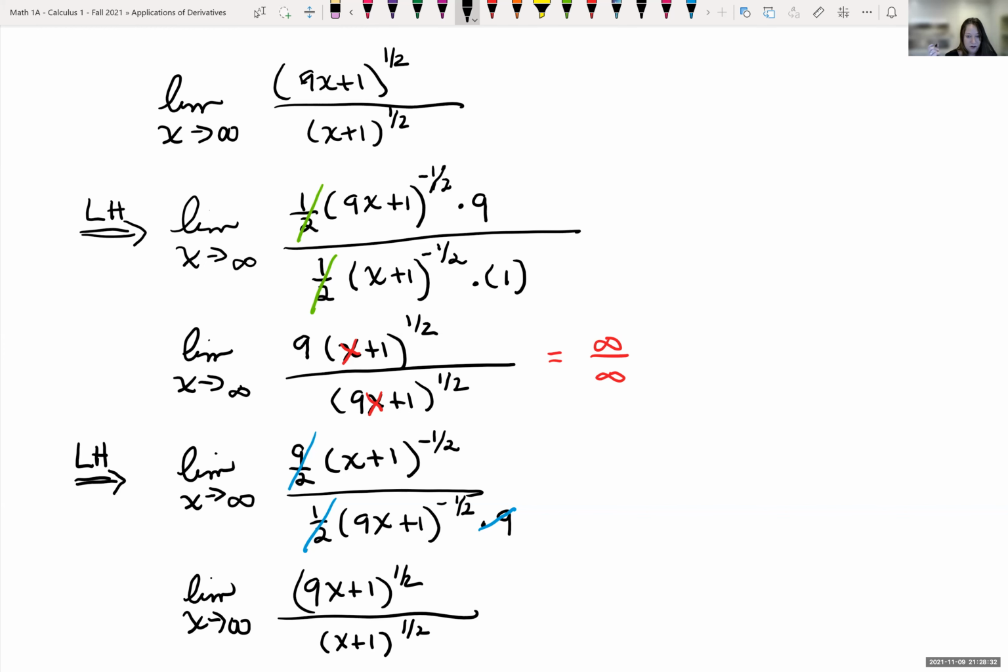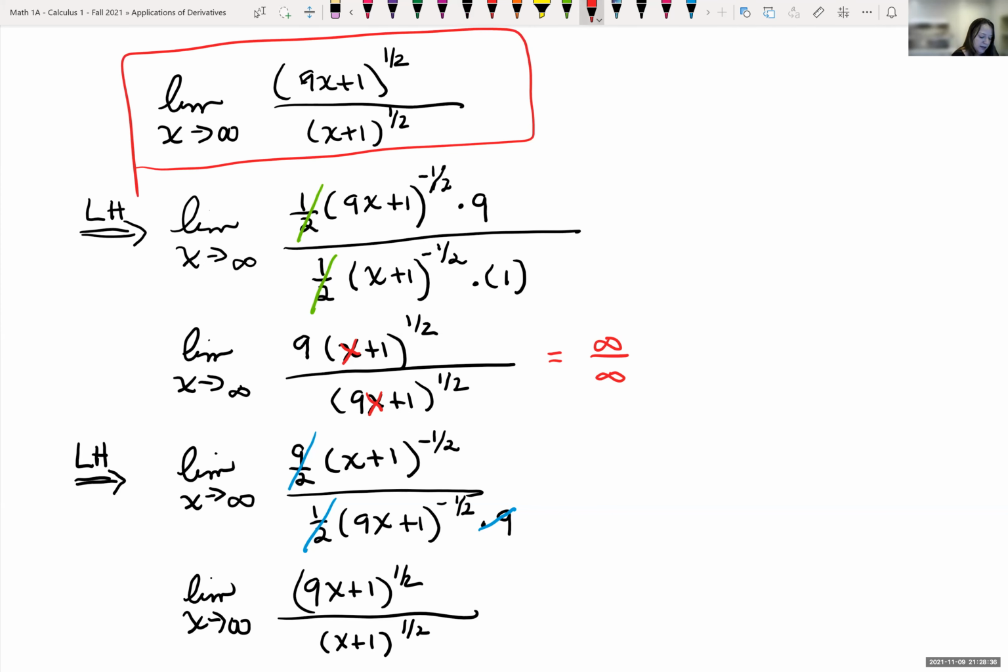Uh-oh, if you don't see it, notice that this is what we originally started with. So notice that using L'Hopital's rule, we're going to continue to go on this cycle, and we're always going to get this infinity over infinity. So this is a case where L'Hopital's rule does not work, and we need to figure out how to do this some other way.